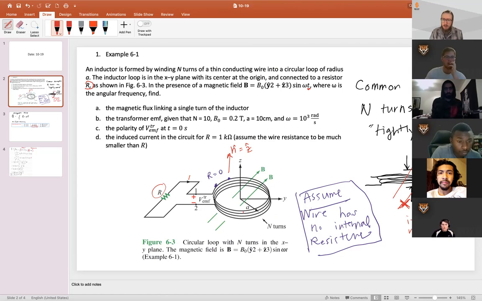Perfect. So Mario chose the limits because we wanted to find the field that goes through that whole surface. He chose the limits so that they would integrate the entire surface contained by these loops. He started from R equals 0, went all the way out to A, and then went all the way around, so that this whole coil was integrated over.